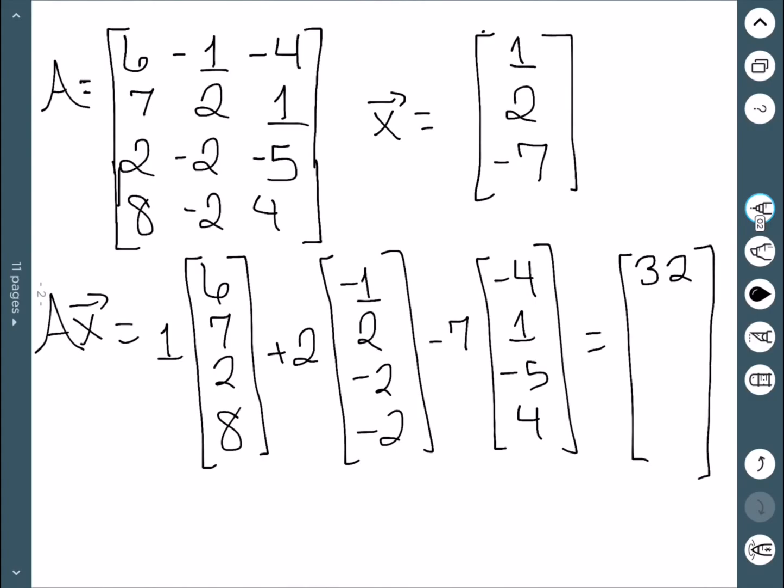My second entry, I have a 7, a 4, and a -7, which will give me 4. My third entry is a 2 minus 4 plus 35, which would be 33. And then finally an 8 minus 4 minus 28 is -24. So here is the product.